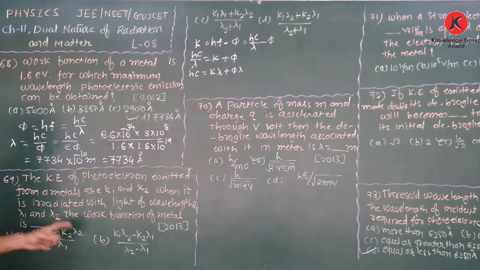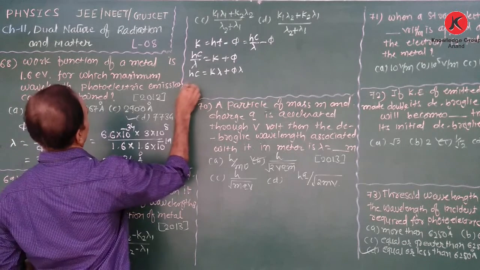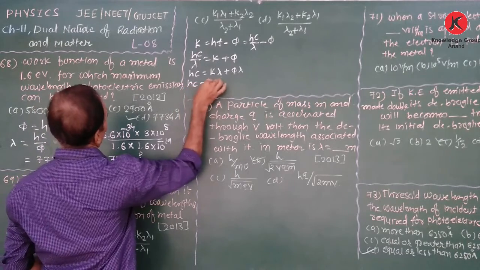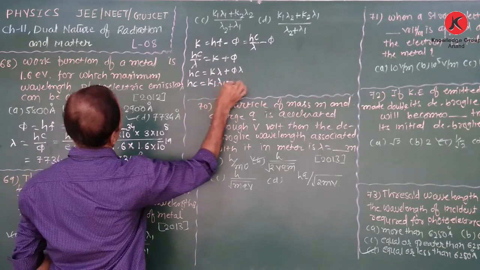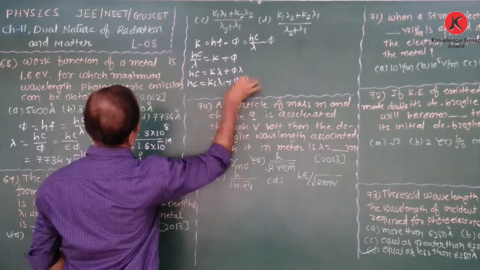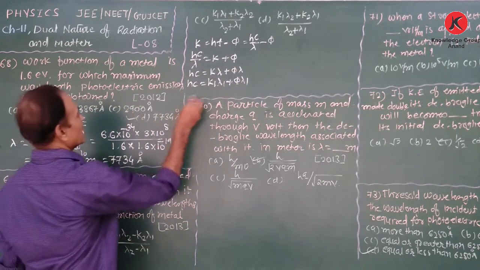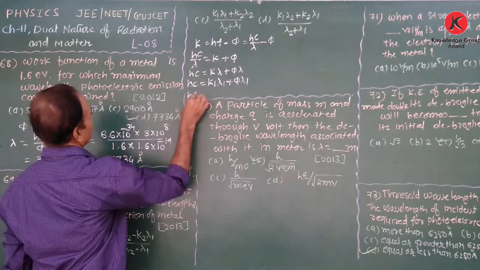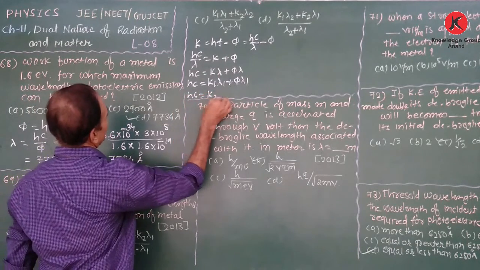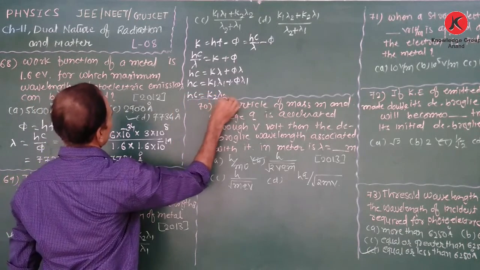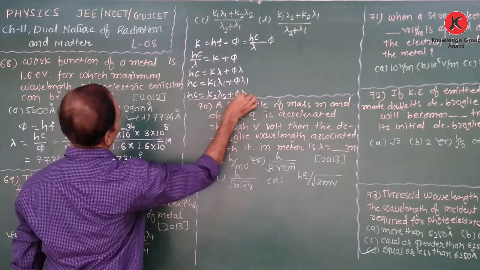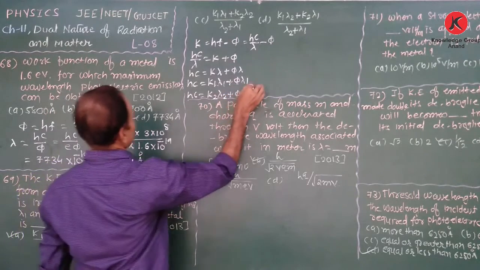Now, for wavelength lambda 1, the kinetic energy is K1. Therefore, hc is equal to K1 lambda 1 plus phi lambda 1. And for wavelength lambda 2, kinetic energy is K2. Therefore, hc is equal to K2 lambda 2 plus phi lambda 2.